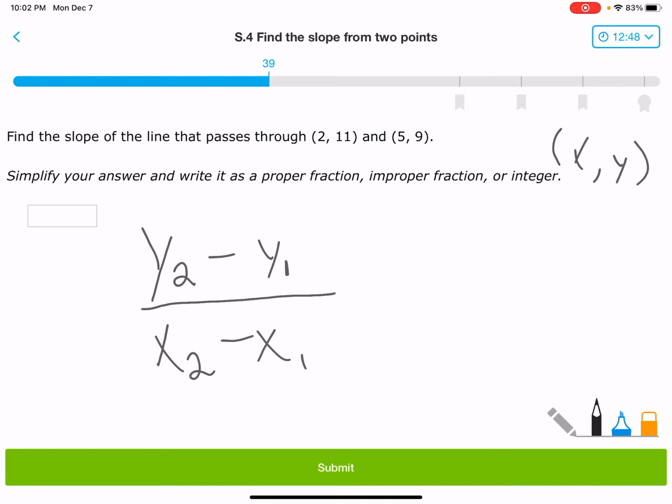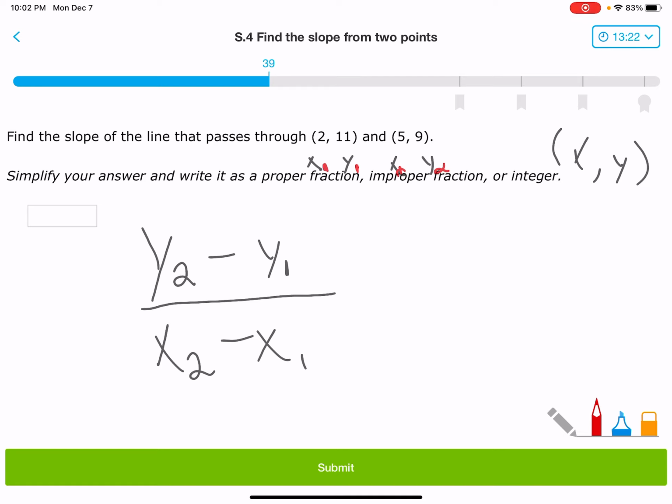Let's say that 2 is our x, 11 is our y, but also 5 is our x, and 9 is our y. The reason why we have these little numbers, 1 and 2, is we're just going to say that this is x1 and that's y1. That's the first point. And this is our second point, x2 and y2.